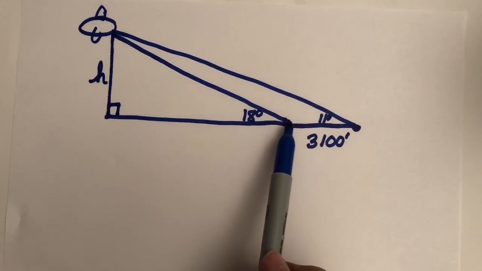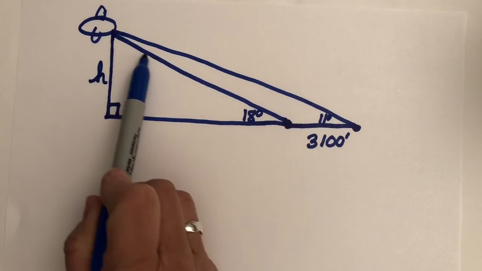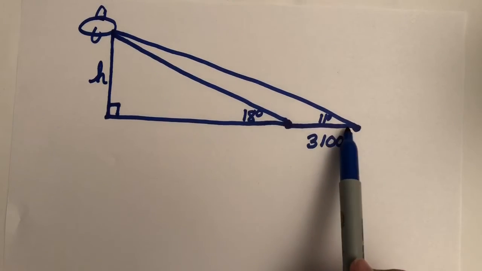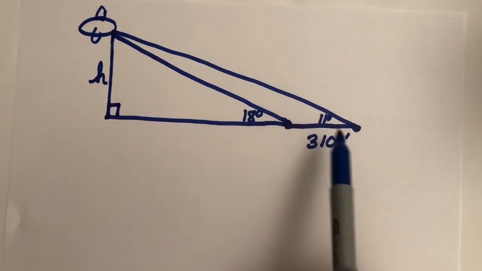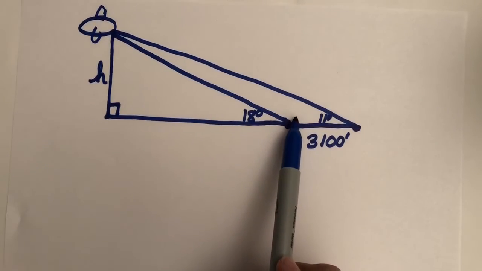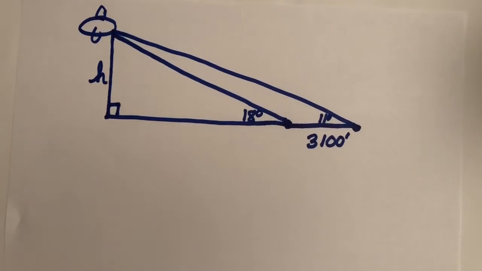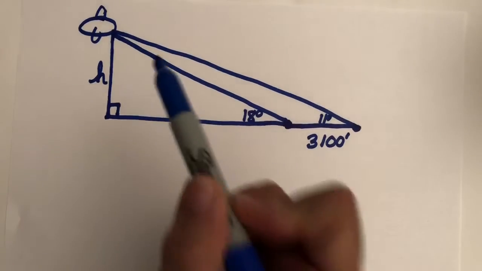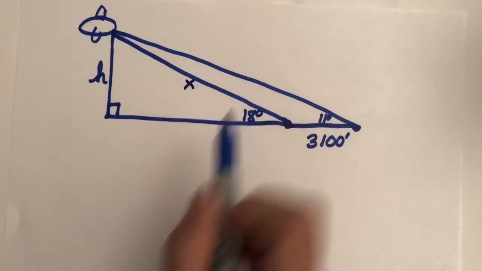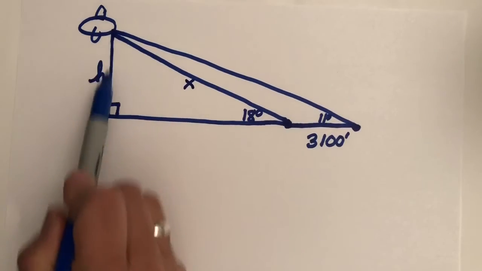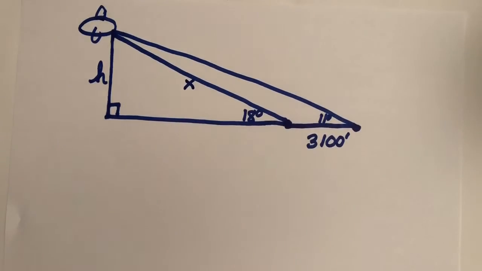My goal is to find this side right here in this oblique triangle. We know this angle, we know this side, and we're going to figure out the other two angles. If we do that, we'll be able to find this side right here. I'm going to call that X. If we know the length of X, we'll be able to use our right triangle trig to find H.